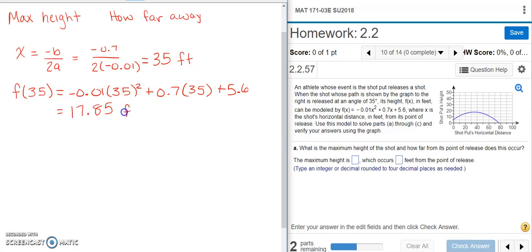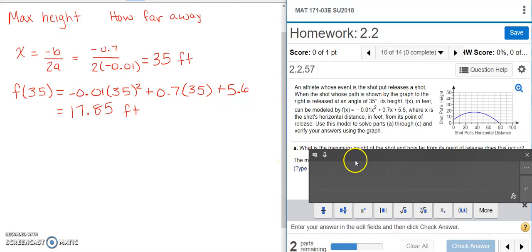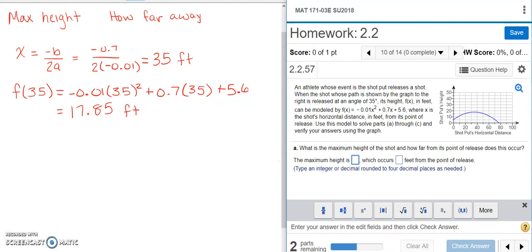So what we have found is that the maximum height is 17.85, and it occurs 35 feet from the point of release.